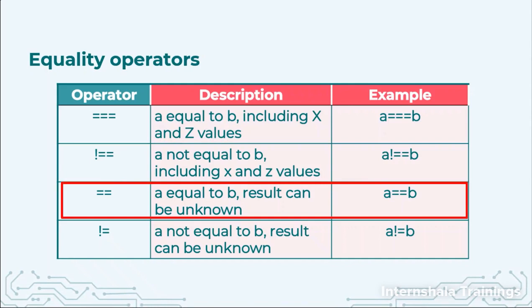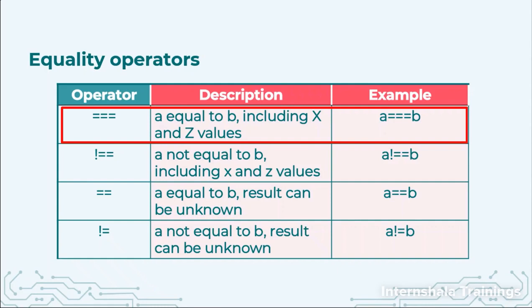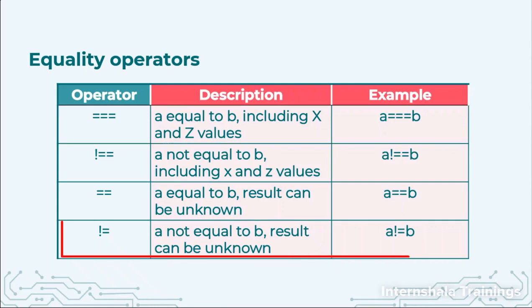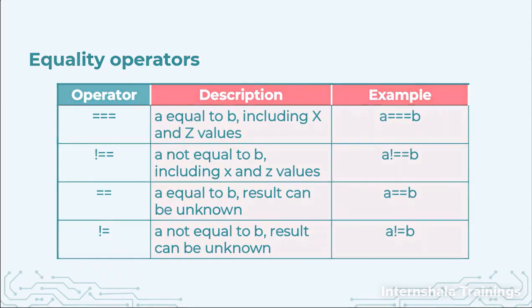If you want to compare only the 0 and 1 values, then we use 2 equal to's. But if you want to compare x and z also, then we use 3 equal to's. Similarly, exclamation equal to is for not equal to, and it will compare only 0 and 1 values. But if you want to include x and z also, then we will take exclamation equal to equal to.